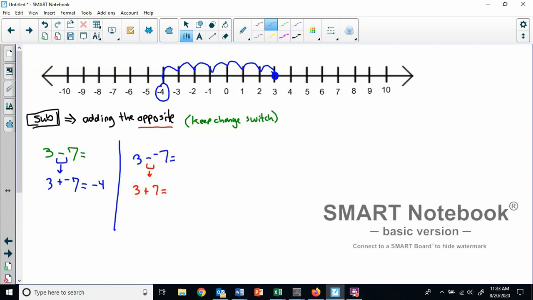So you see, if you have the skills to know what an opposite is, you can turn every confusing subtraction, because this confuses people. This confusing negative minus, or minus a negative, confuses some people. If I can turn every subtraction into adding the opposite, well, that becomes adding a positive, which is a lot easier because 3 plus 7 is 10.